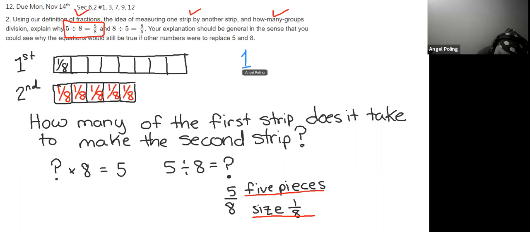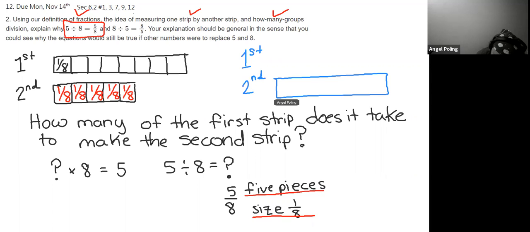Let's flip it to the first one is the 5 and the second one is the 8. It's always easier to draw 8, so I'm going to draw that one first.